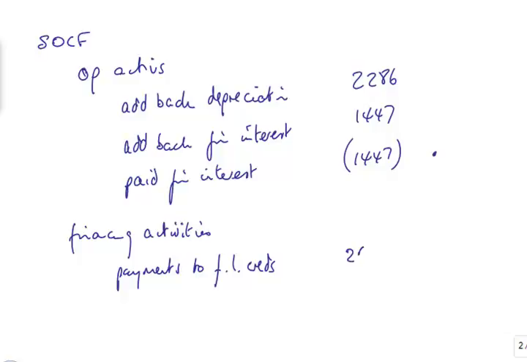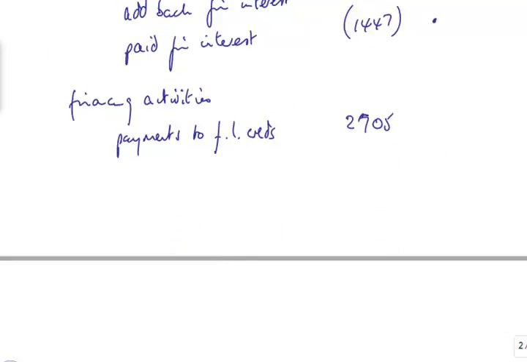I think it's 2705. 2,705 is made up of the deposit of 1152 plus 1,500 plus 1,500, but minus this interest, 1,447. So that's a relevant extract from the financial statements.